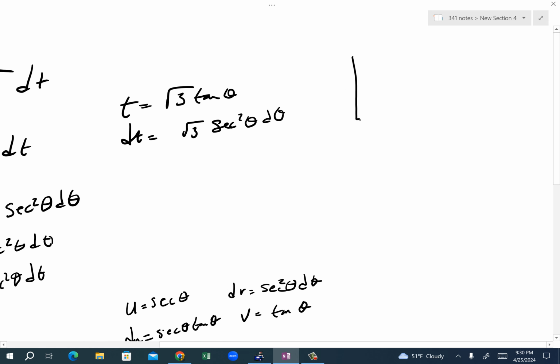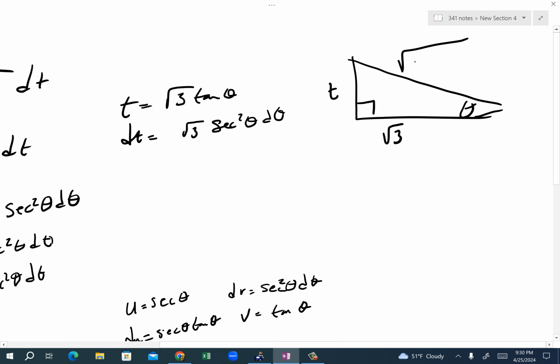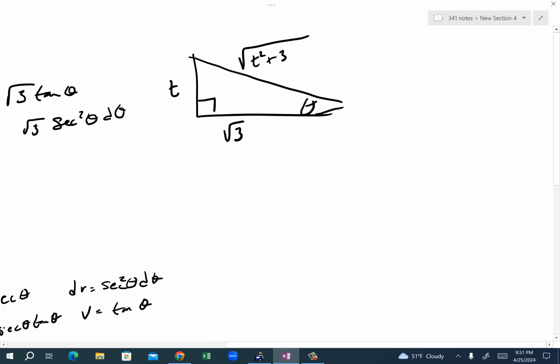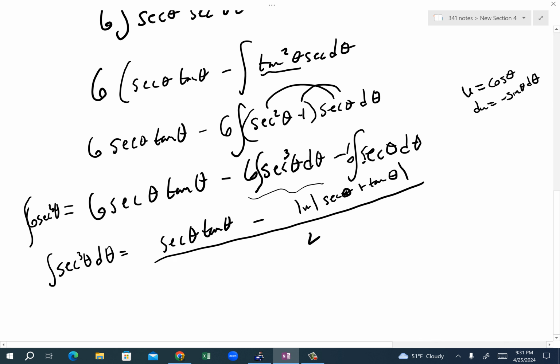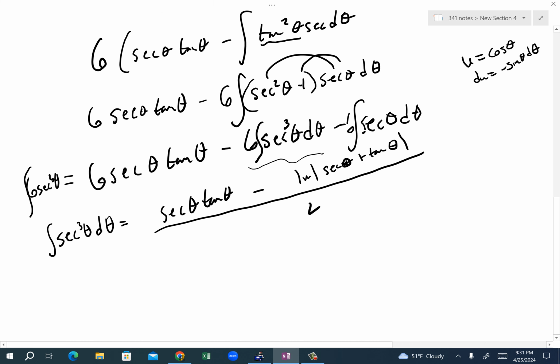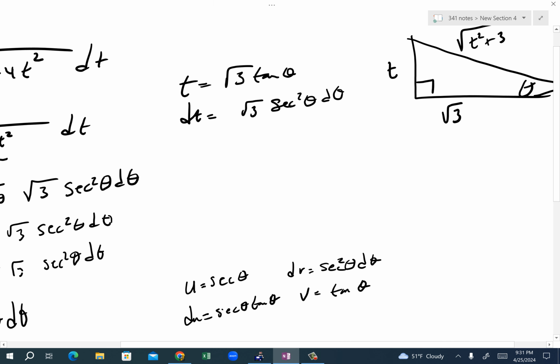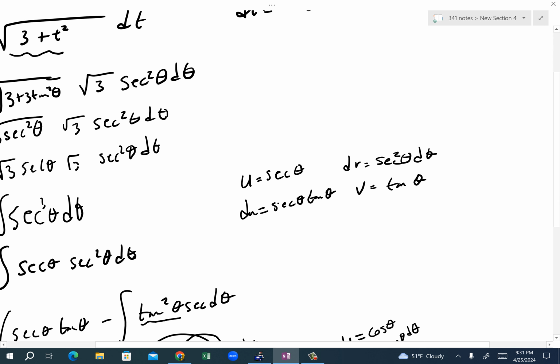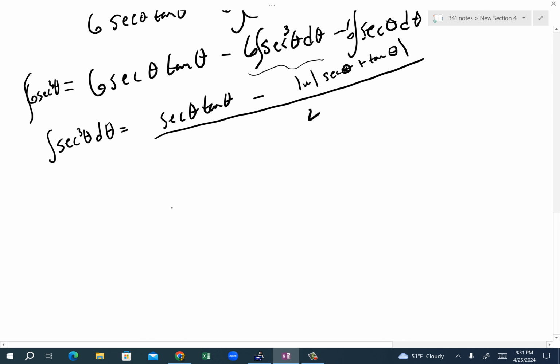I wish I was. No, here's theta. Here's t. Here's square root of 3. That's the tangent. This is square root of t squared plus 3, which is what I have in there. Nice. So you know it's right. Okay, so the final answer is I want secant tangent. Well, secant is square root of t squared plus 3 over root 3.